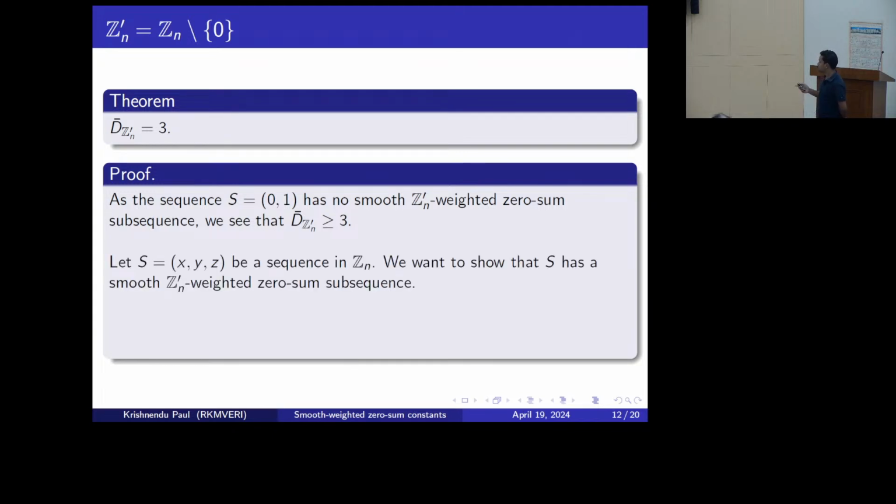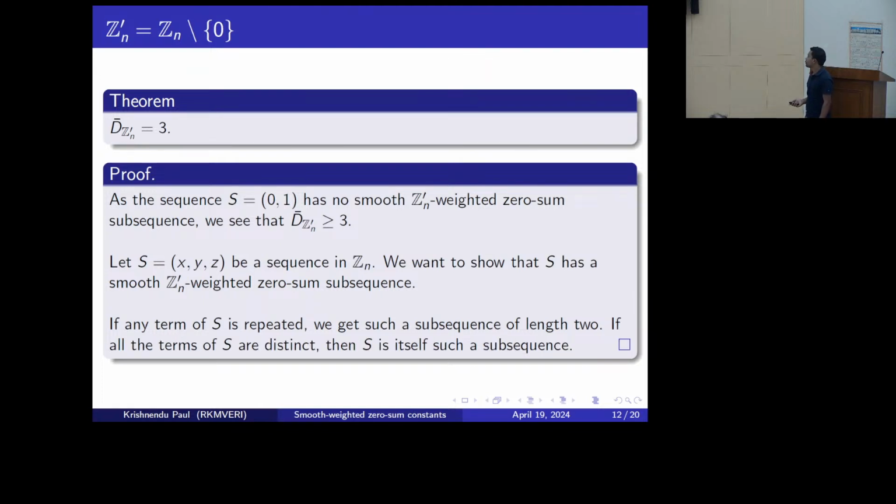And for the upper bound, if we take a sequence of length 3, then there are two possibilities. Either some term repeats, so then we will get a smooth subsequence of length 2, or the three terms are distinct, then also we get a smooth weighted zero sum subsequence of length 3. Okay. Fine.